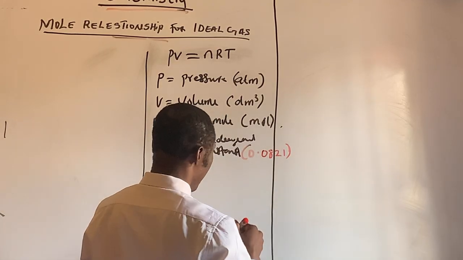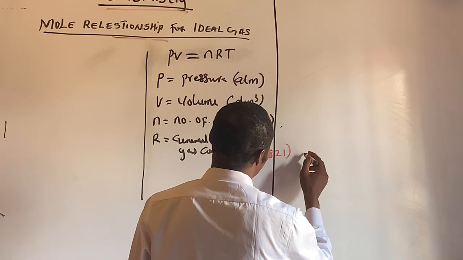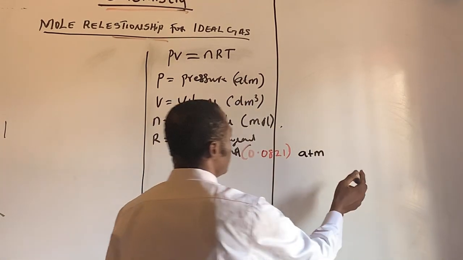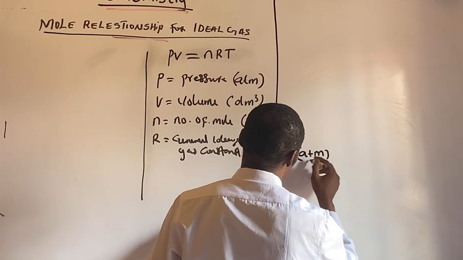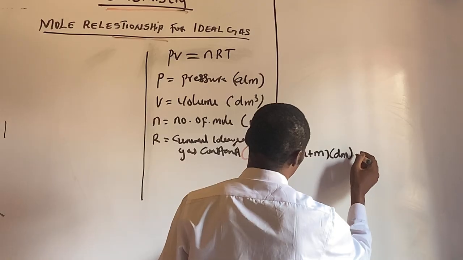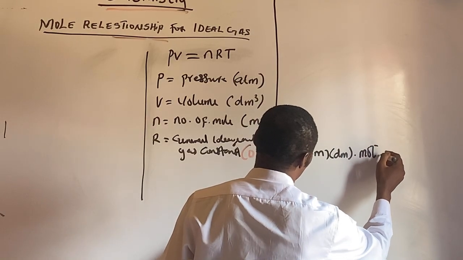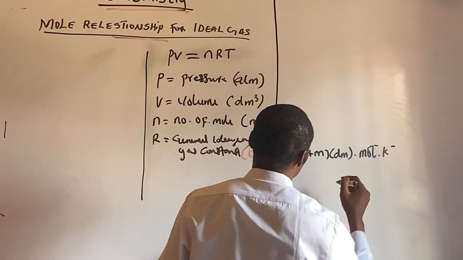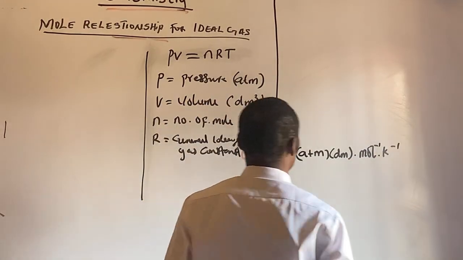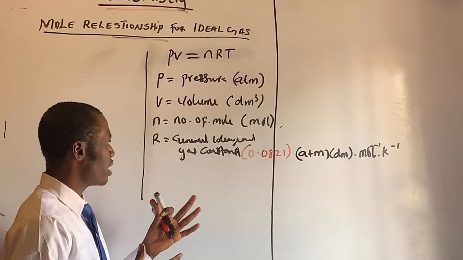Okay, and it has a unit. The unit is ATM multiplied by dm³ divided by mole per Kelvin. So this is the unit for the general ideal gas constant.